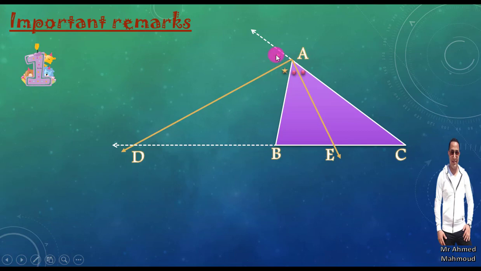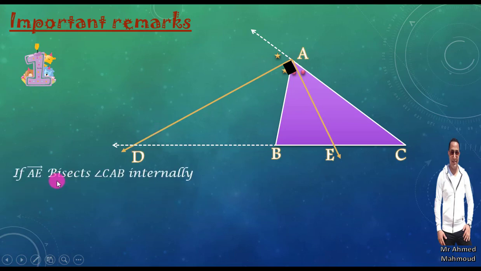So 2 dots plus 2 stars equals 180. Again, 2 dots plus 2 stars equals 180. If I take 1 dot plus 1 star, I take half of 180, which equals 90. So this angle equals 90 degrees. So the angle between the internal bisector and the external bisector is 90, or we can say that the internal bisector and the external bisector are perpendicular.